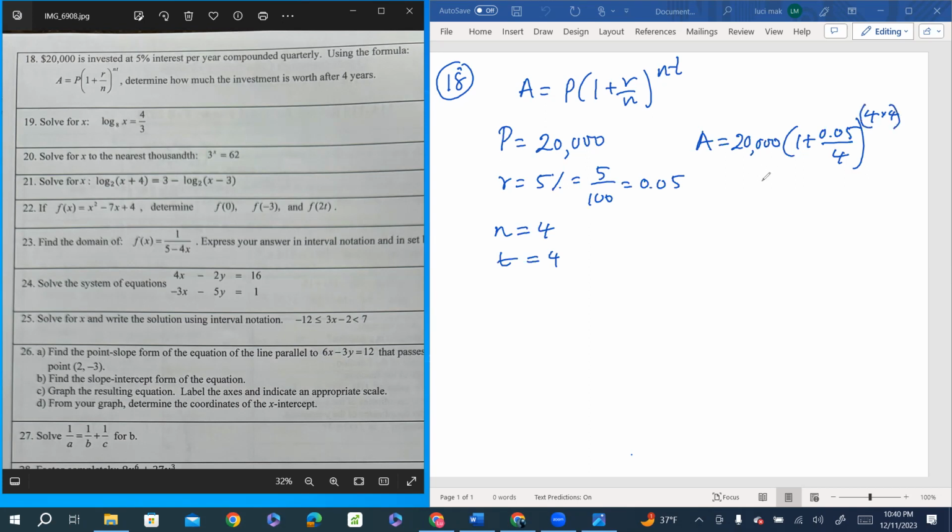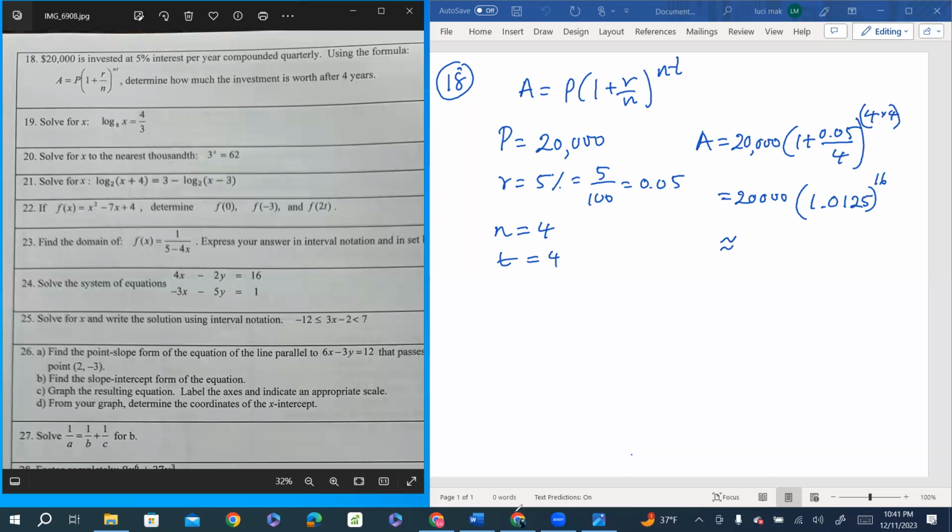Otherwise, you wouldn't get the answer when you substitute into the calculator. So you get 20,000 times 1.0125 to the power of 16. Put all of them into your calculator.